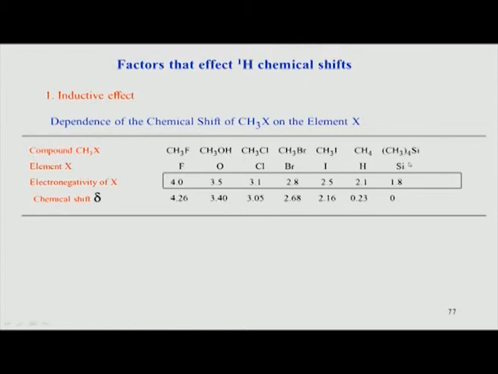Also, it has a very strong signal. It has 3 into 4, that is 12, hydrogens, because all CH3 are equivalent. We will look at equivalence later. The point here is that tetramethylsilane is ideally suited as a reference, because the hydrogen atom comes at a very upfield shifted chemical shift, and at the same time it is an inert compound.